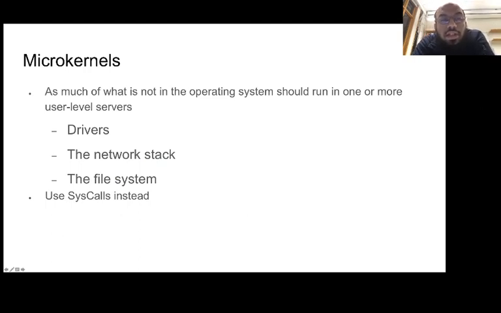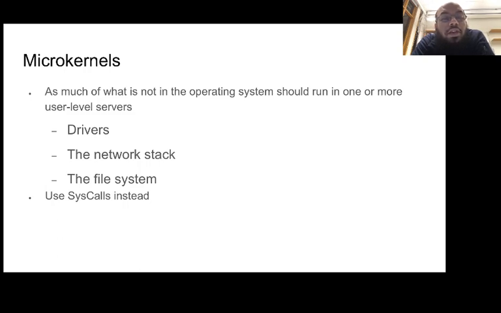Microkernels are basically the opposite of what you see with monolithic kernels. You say that the operating system is just the things that you need, meaning it's the scheduler, the files, the very basic functionalities for processes, but everything else that is not really needed to run the CPU is not part of the operating system.